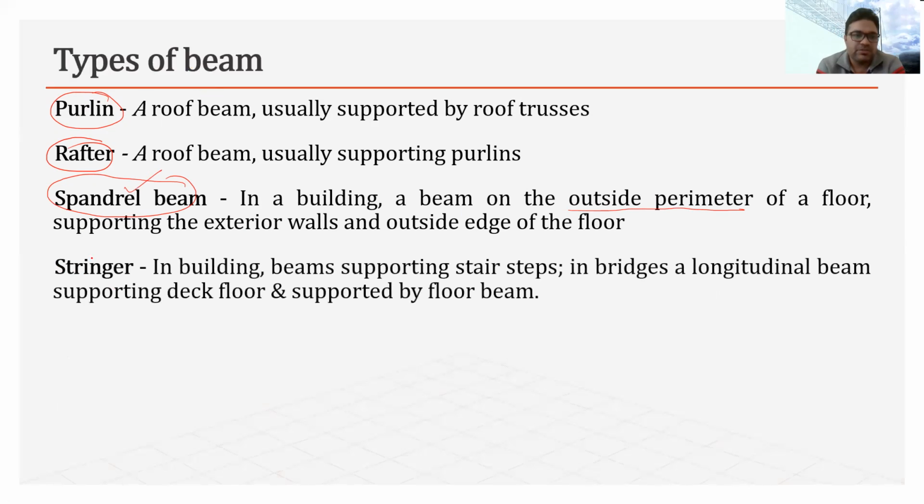Then we have stringer beam. Stringer beam is generally provided in the staircase. This is again a longitudinal beam which is generally provided to support the steps of the stairs, or in case of bridges, if the bridge is like this one.